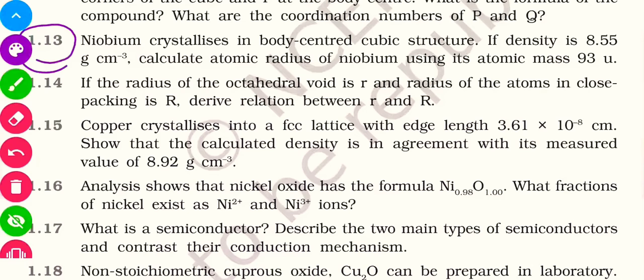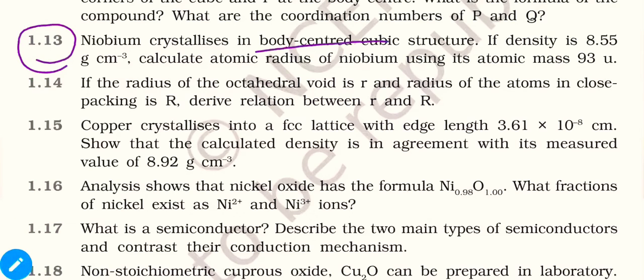Now next one will be 1.13. Niobium crystallizes in body centered cubic structure. If density is 8.55 gram per centimeter cube, calculate the atomic radius of niobium using its atomic mass 93 u. As mentioned, we have body centered cubic structure, so that means it will have 2 atoms per unit cell.